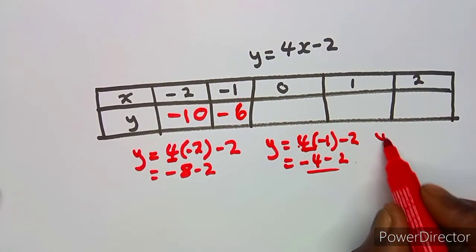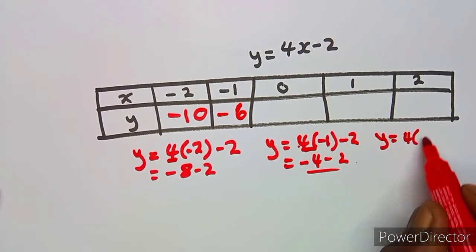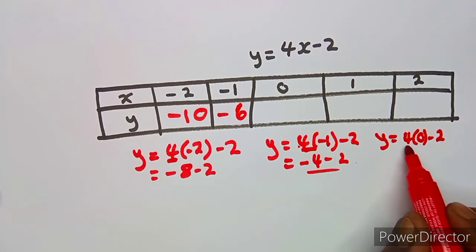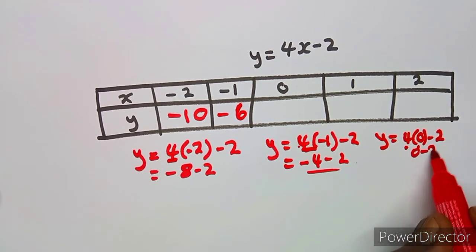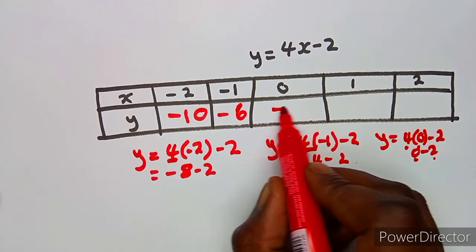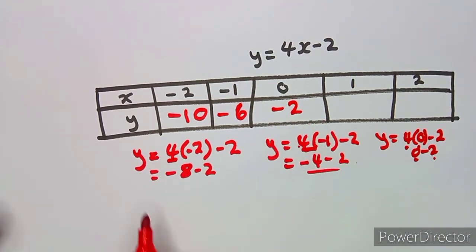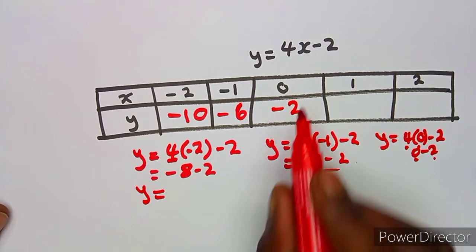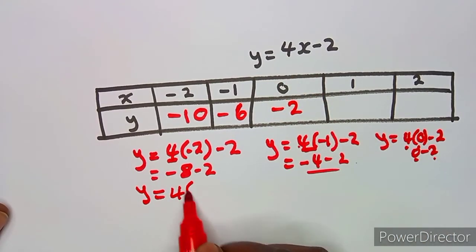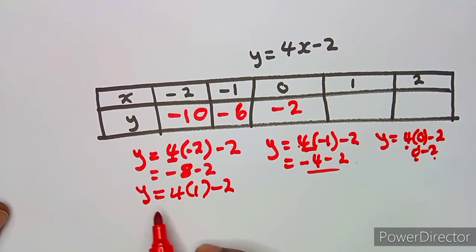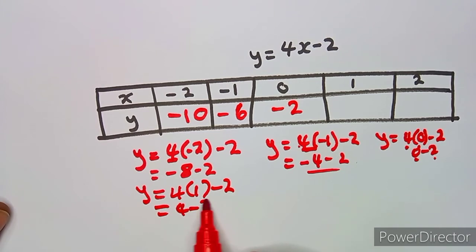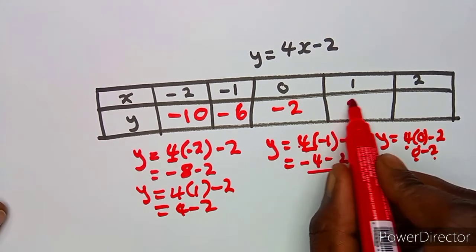When x is 0, it's going to be the same thing. So it's 4 times 0 minus 2. So 4 times 0, that's 0, minus 2. And 0 minus 2 from a calculator, that's -2. When x is equal to 1, you do the same. You substitute there. So it's going to be 4 times 1 minus 2, of which 4 times 1 is 4, minus 2, which is 2.